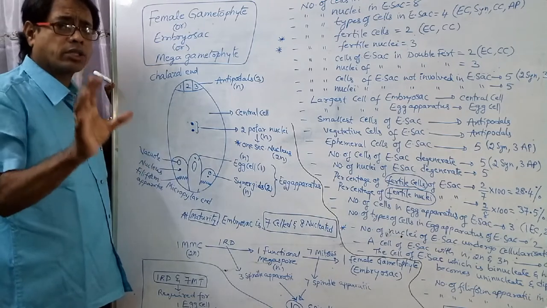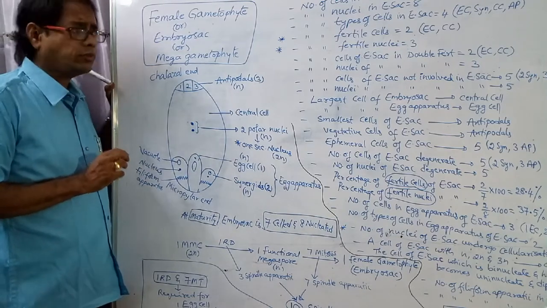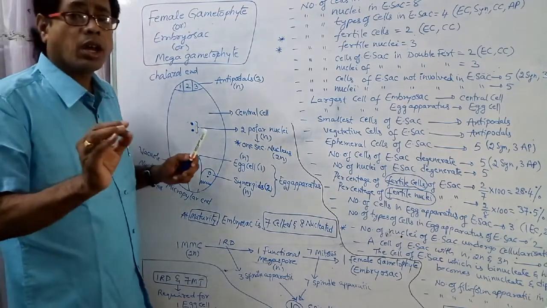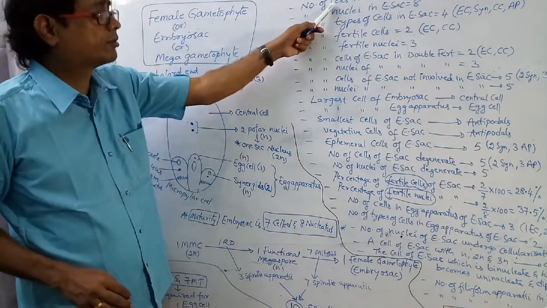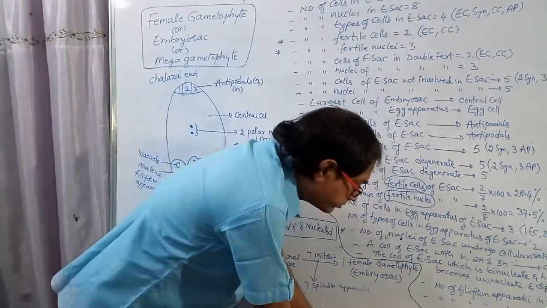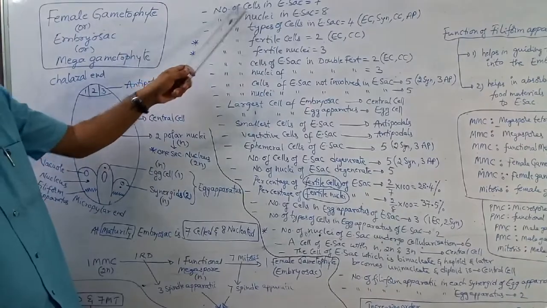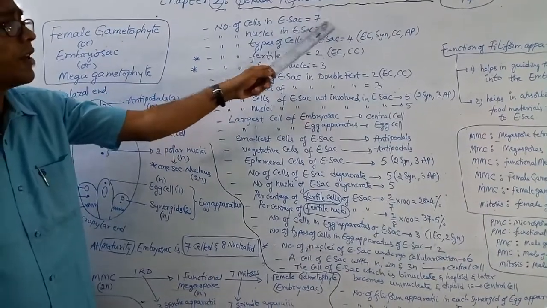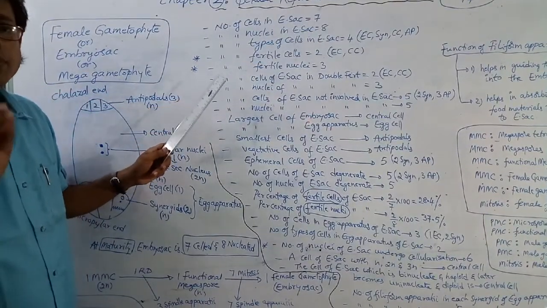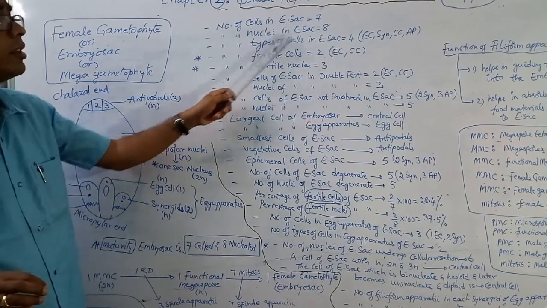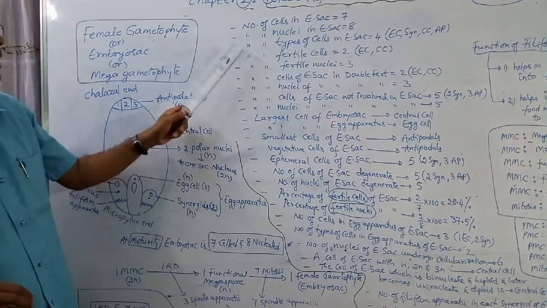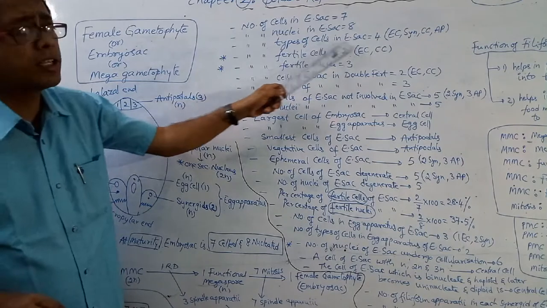Now I am going to ask a few questions. The number of cells in the embryo sac is 7. The number of nuclei in the embryo sac is 8. Now the number of types of cells in the embryo sac.